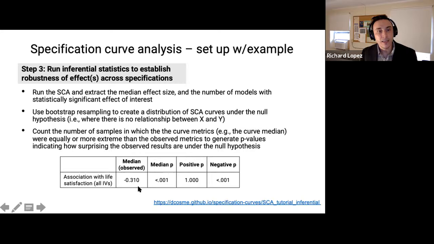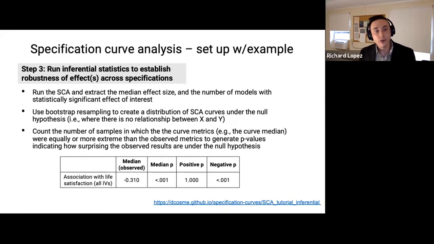But if you just look at these two columns, you can say, okay, the median standardized regression coefficient for these independent variables of interest is negative 0.31, and it's very, very rare that you see that effect in the null distribution.